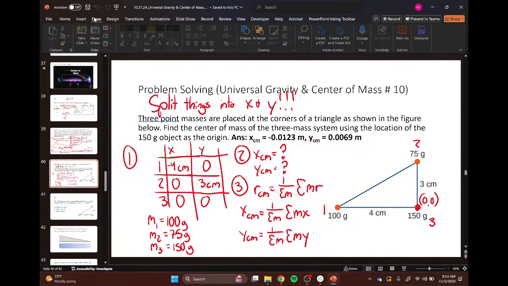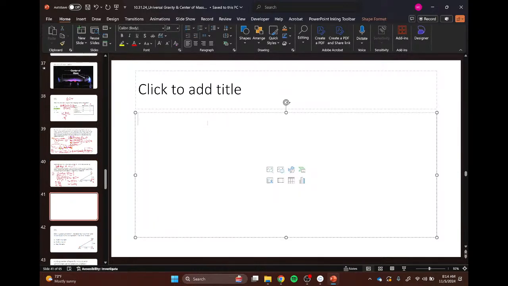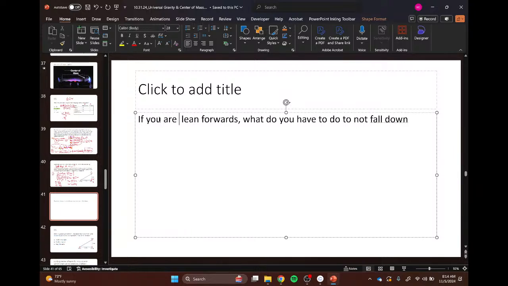I'm just going to ask you the question. If you lean forwards, what do you have to do to not fall down? Let's just say you're standing. If you are standing and lean forwards, what do you have to do to not fall down?